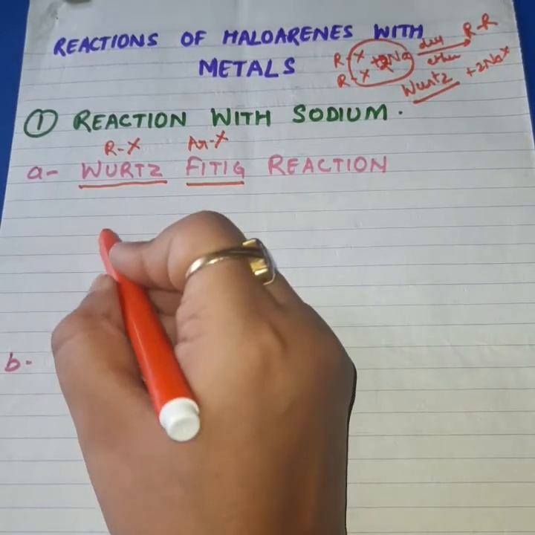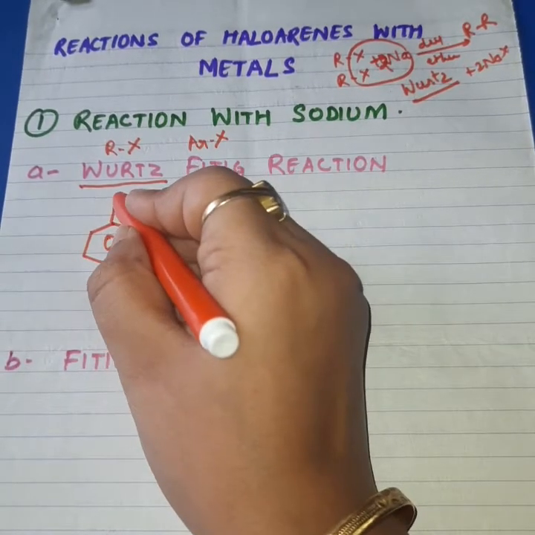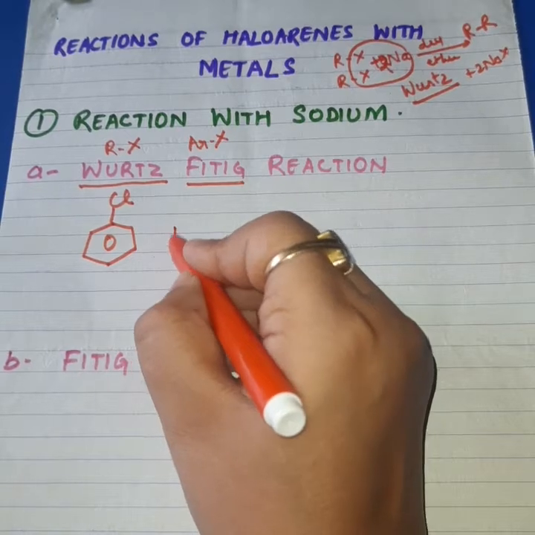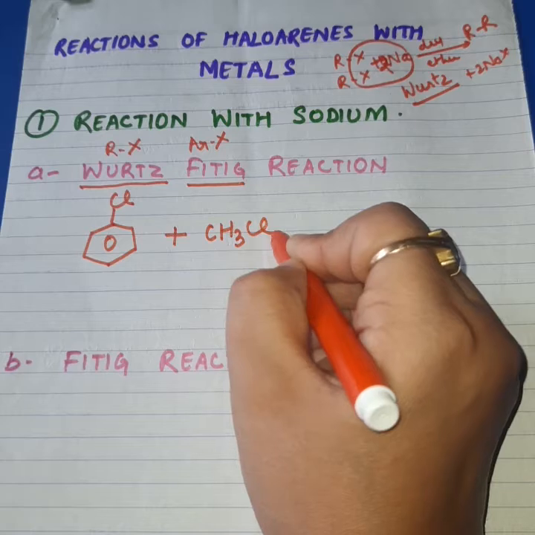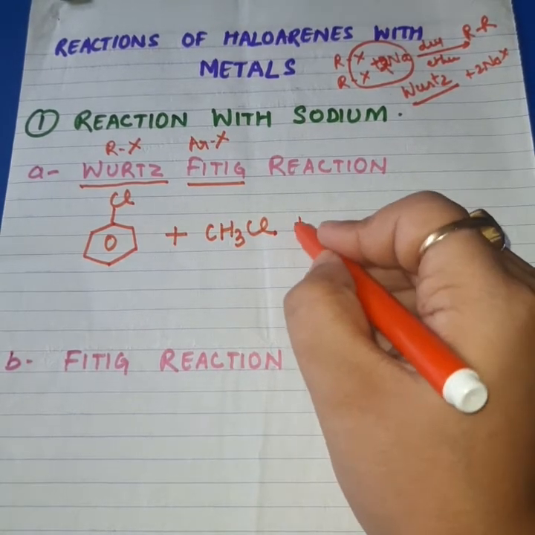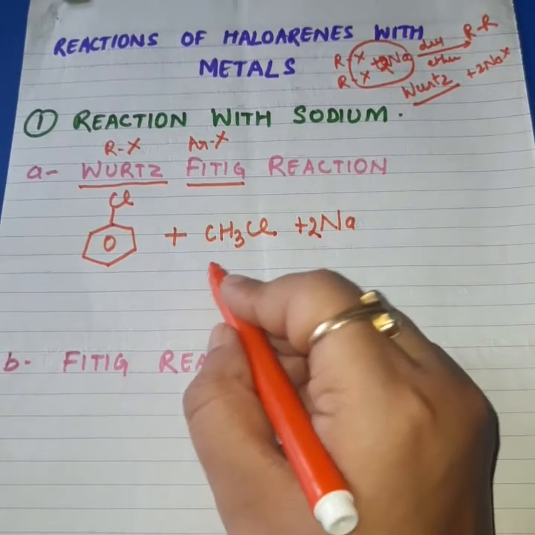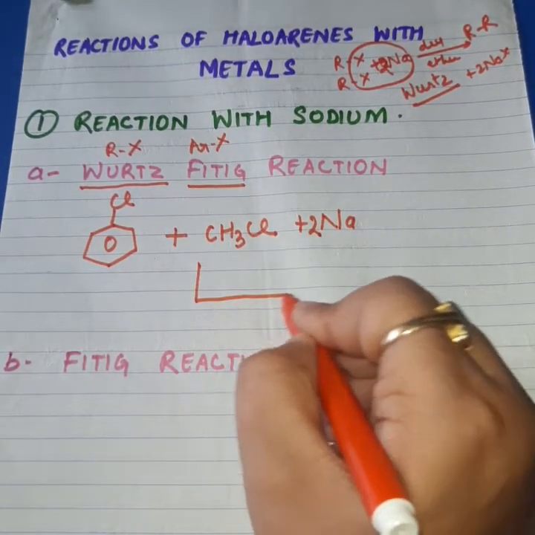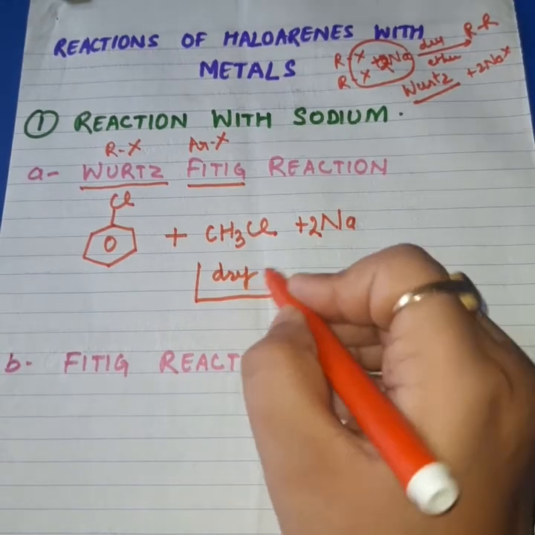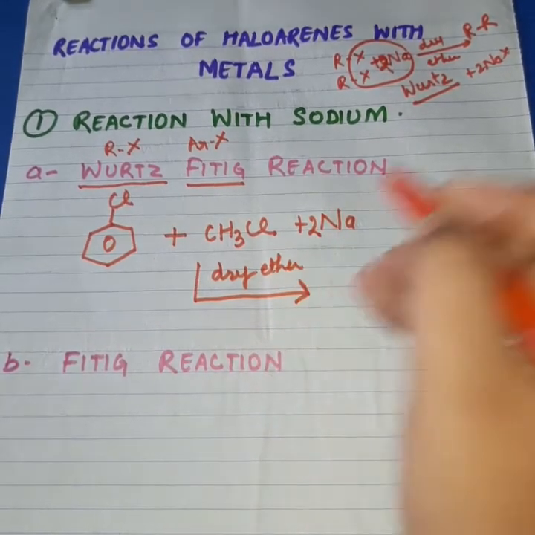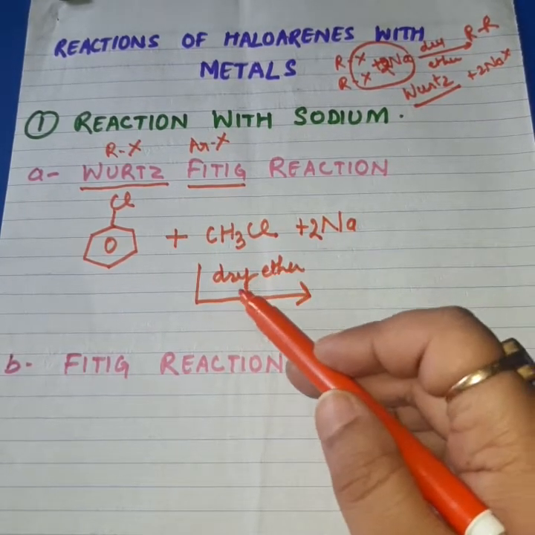Let us understand through a chemical equation. Aryl halide chlorobenzene is made to react with alkyl halide, say CH3Cl, in the presence of 2 moles of sodium metal. The entire solution is ethereal, that means in the presence of an inert solvent, dry ether.